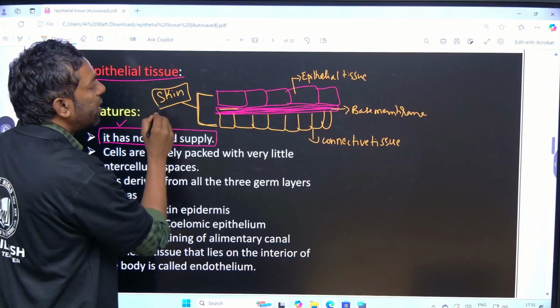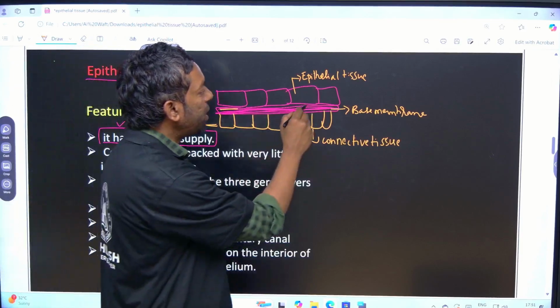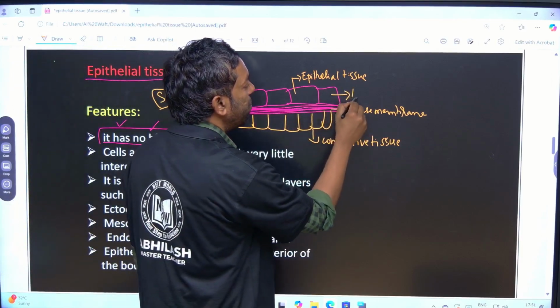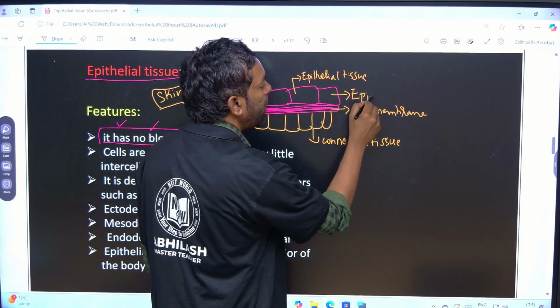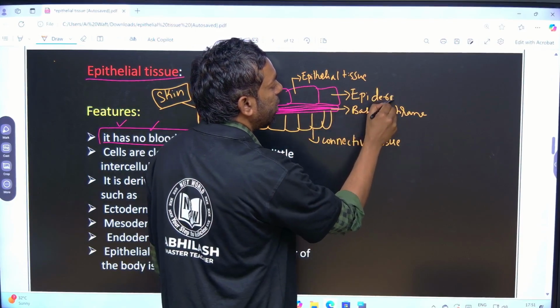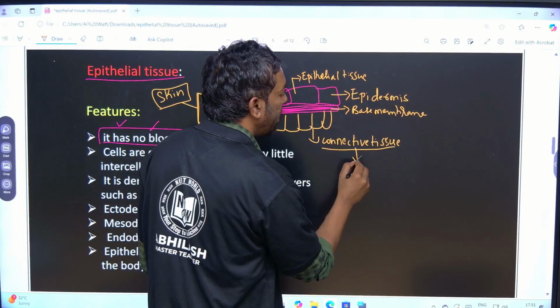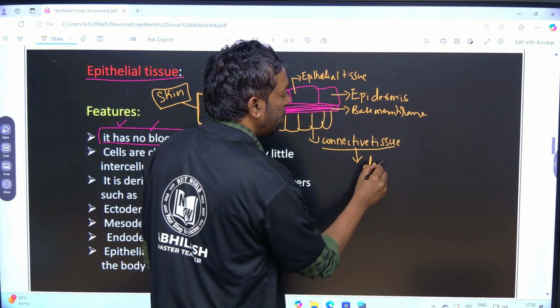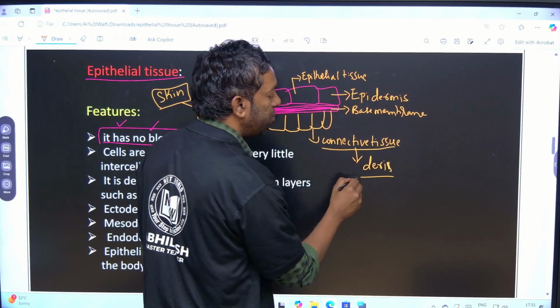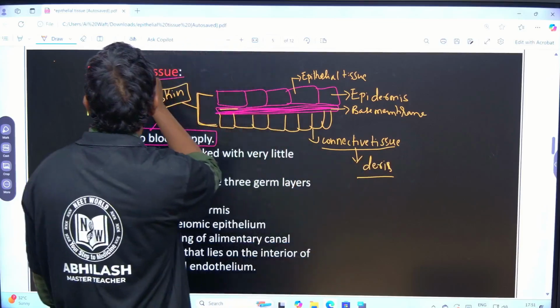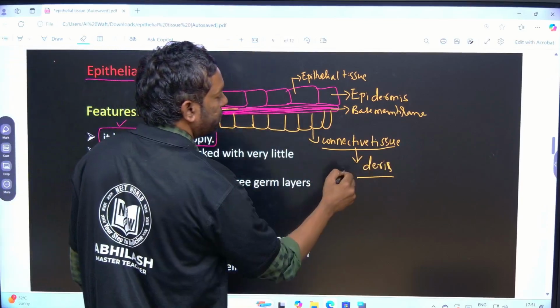In the skin, the epithelial tissue we call the epidermis. This is the connective tissue, which we call the dermis.